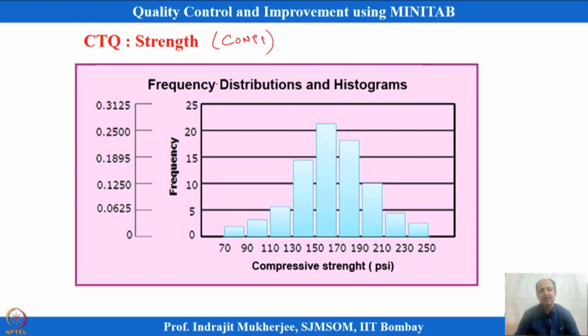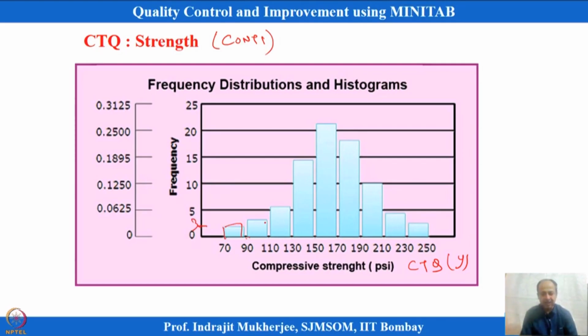This variable can be plotted in a chart known as a histogram, which you have already done in basic statistics. The frequency is plotted against the dimensions. This will be the CTQ, which is the y measurement we are getting, and this is the number of times it occurs. For 70 to 90, around 3 observations are within this zone.